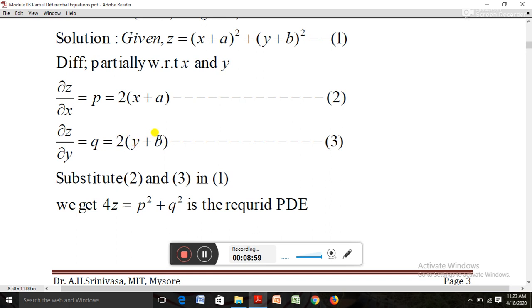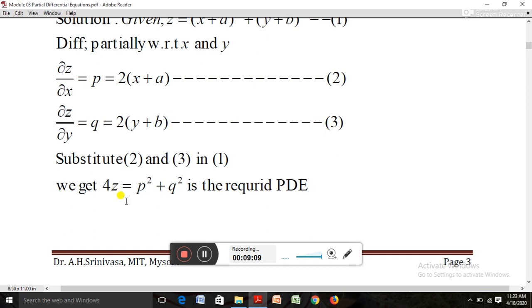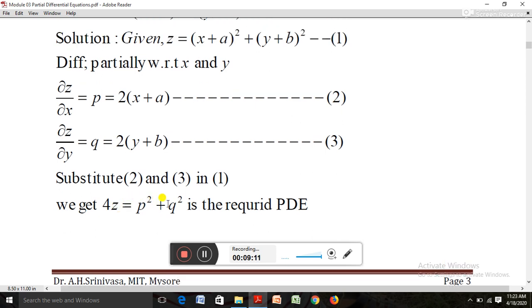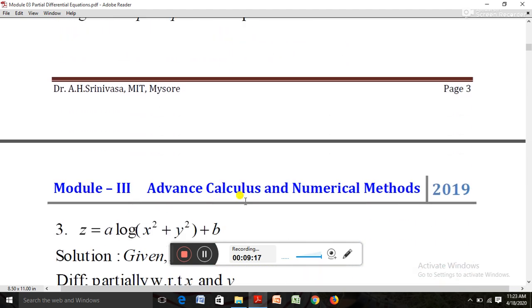That is 2 into y plus b into 1. This is equation 3. Again, substitute 2 and 3 in equation 1. Therefore 4z is equal to p square plus q square, which is the required PDE.